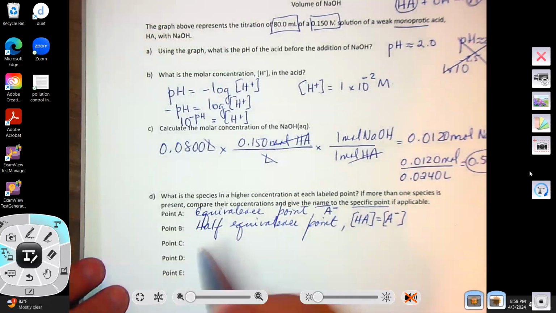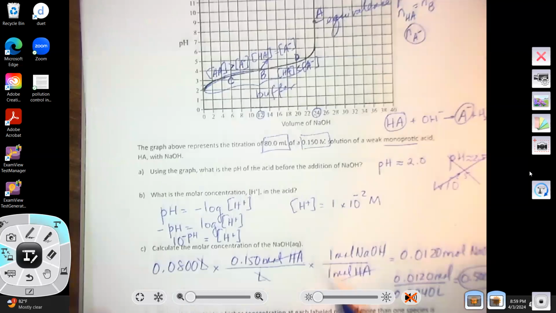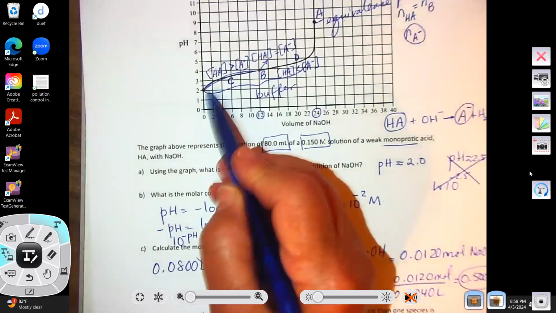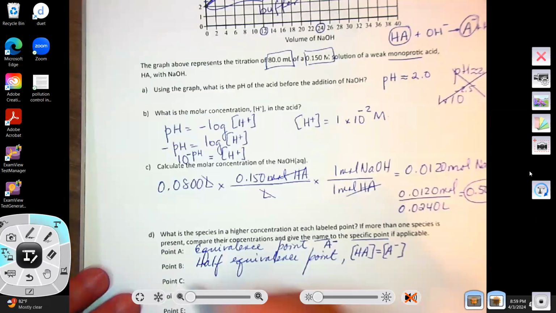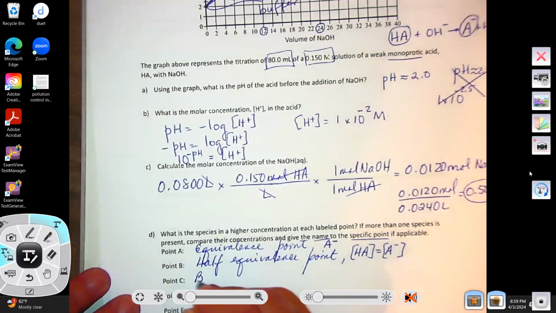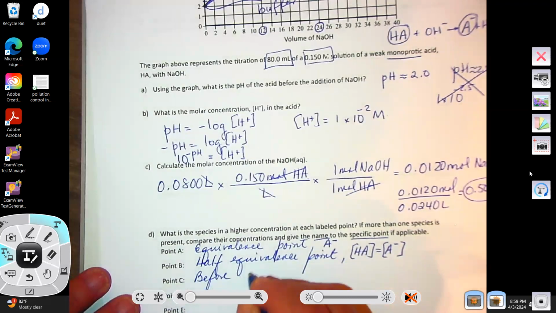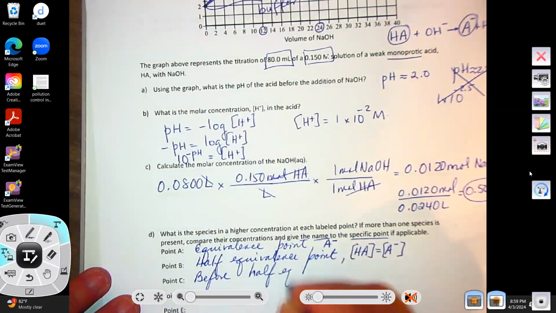And point C was before that. So point C is any point in here. So that means in point C, you are before half of the equivalence point.